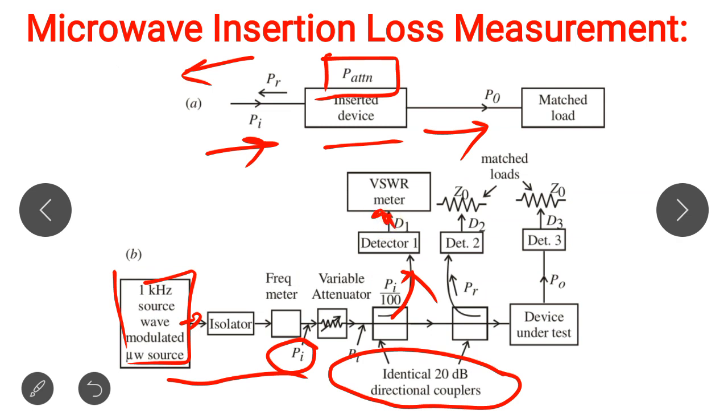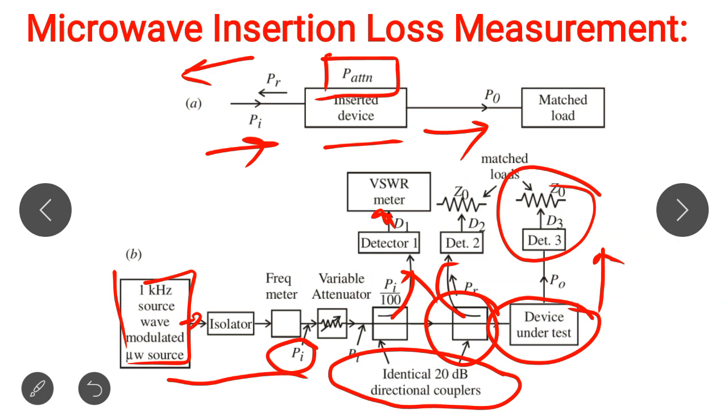Next to that, again an identical 20 dB directional coupler is connected, which will measure the reflected power, and that is applied to the matched load. Next is the device under test, then P out is connected to this particular matched load.